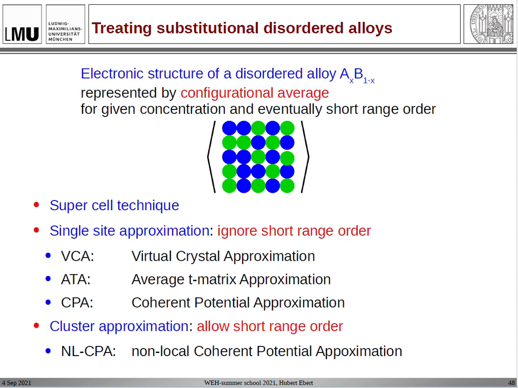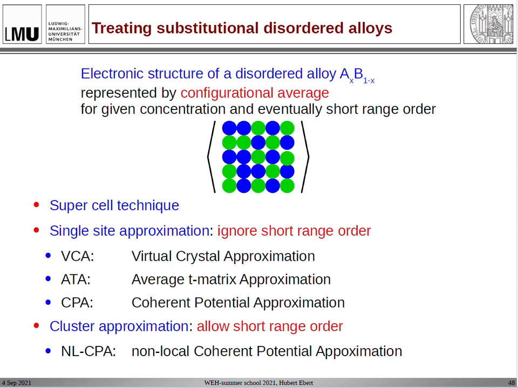And the standard scheme now is, of course, that you use a standard k-space-based method, and you use the supercell technique. That means you build up big supercells with a proper lattice, but you do the occupation according to the composition here. And you have to average over many different configurations to get a reliable configurational average.